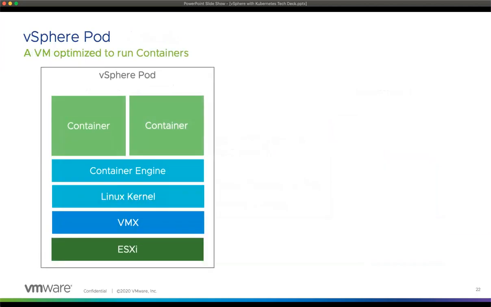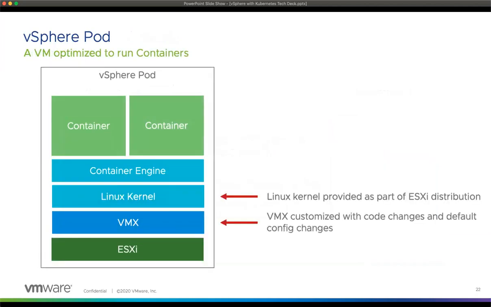So the VMX is customized with code changes and default configuration changes. The Linux kernel is provided as part of the ESXi distribution. There's no BIOS. The kernel is executed directly.